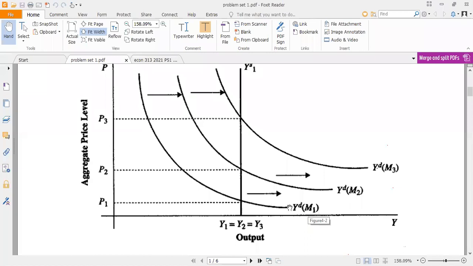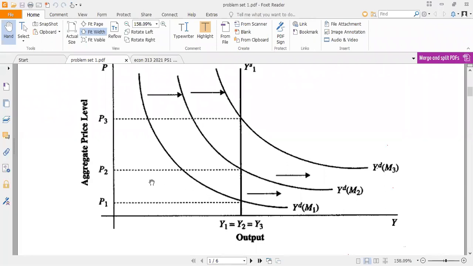This is our aggregate demand curve and our vertical AS curve. So the general price level was P1 and the output level was Y1. Now, if you increase money supply, it will only cause the aggregate demand curve to shift. When it shifts to AD M2, because the AS curve is vertical, there will be no change in Y. The next equilibrium is Y2, which is exactly the same as Y1.